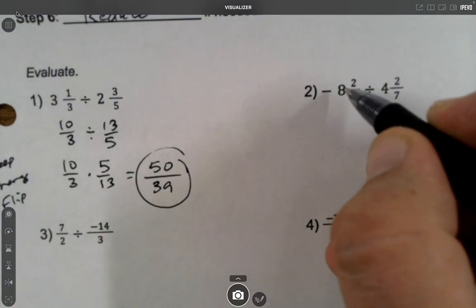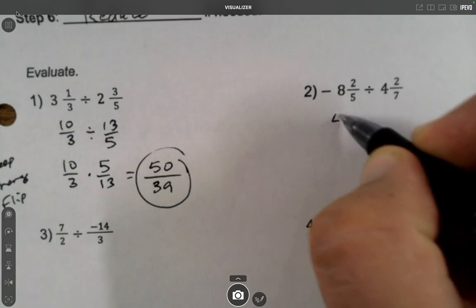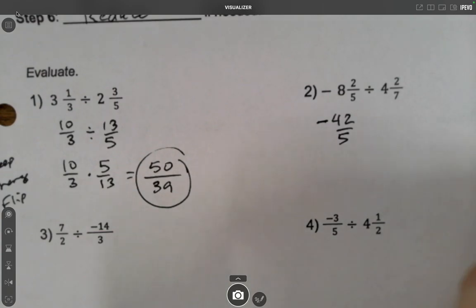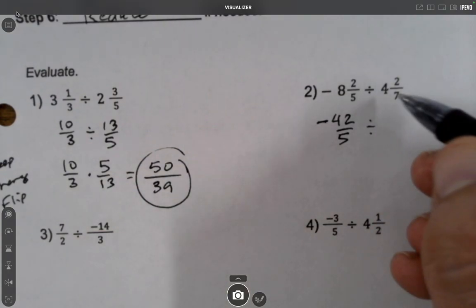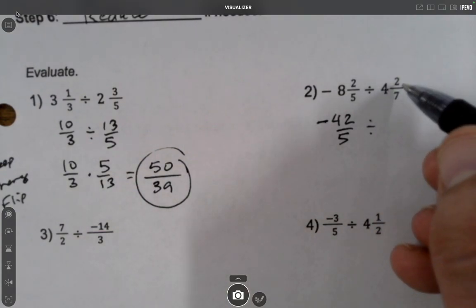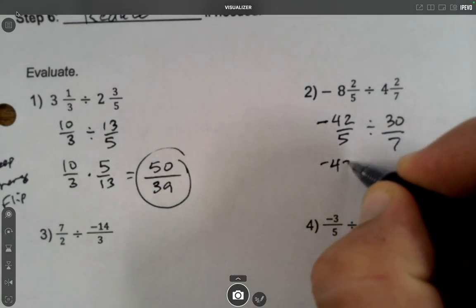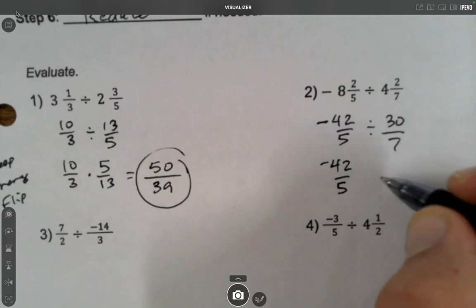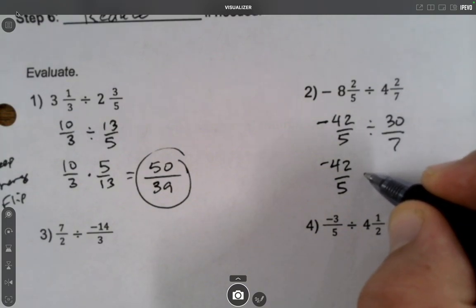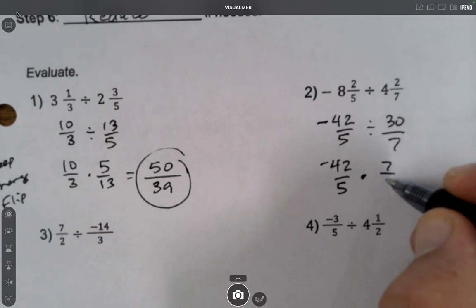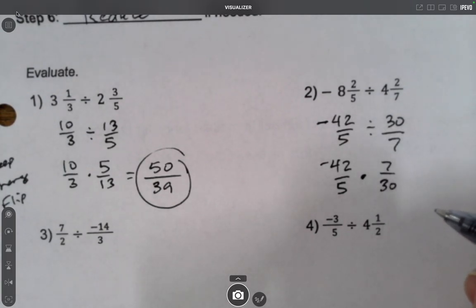Okay, on number 2, 8 times 5 is 40, plus 2 is 42. And remember to apply that negative sign, it's easy for it to get lost. Divided by 4 times 7 is 28, plus 2 is 30. Now before I think about the cross products, I must do the flip first. So I must keep the first fraction the same, change the division sign to a multiplication sign, and flip the second fraction.